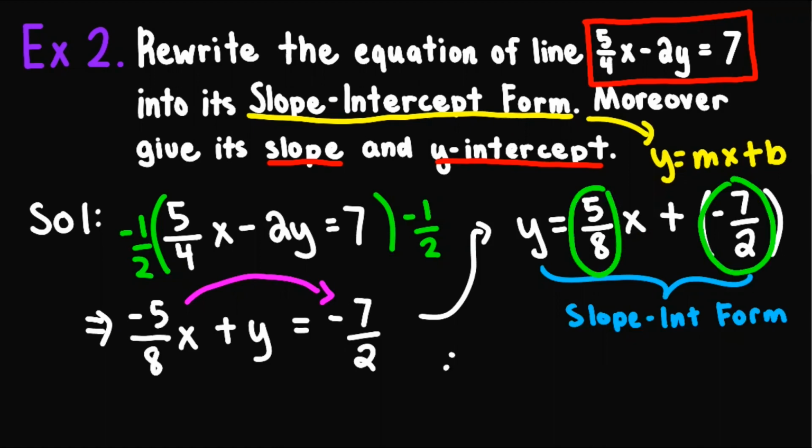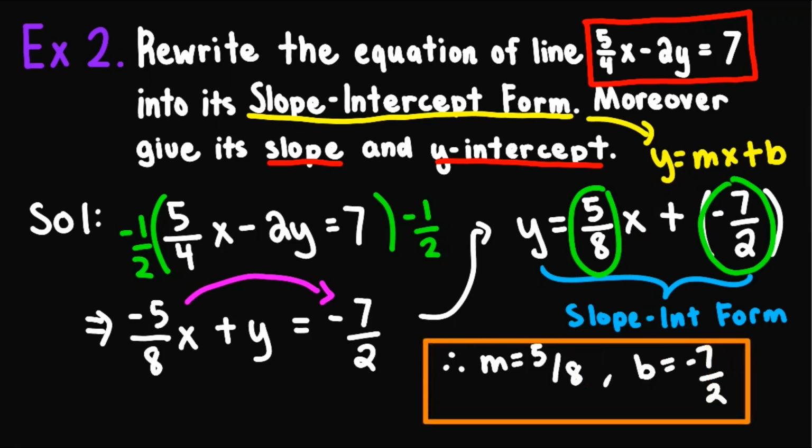Therefore, we know that the slope is given by m equals 5 over 8, and the y-intercept is given by -7 over 2. So, this out here is our final answer. I hope you got that one.